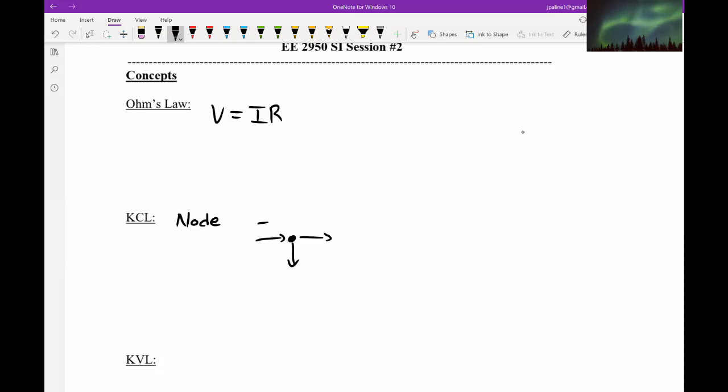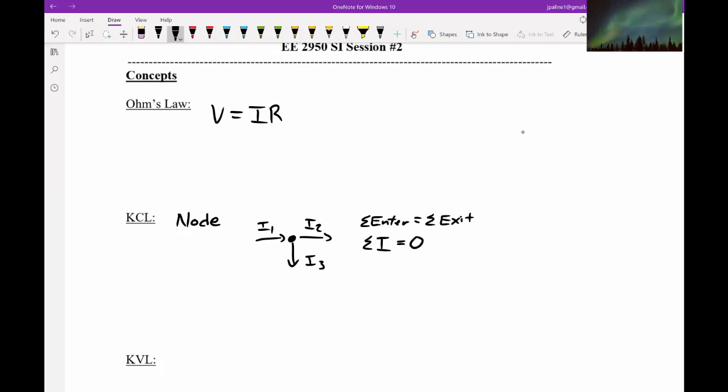So I can call this like I1, I2, and I3. And what this says is if we sum the ones that are entering and we sum the ones that are exiting, they should be equal to each other. It's conservation of current flow. So what this means is if we sum all of the currents, they should equal 0.